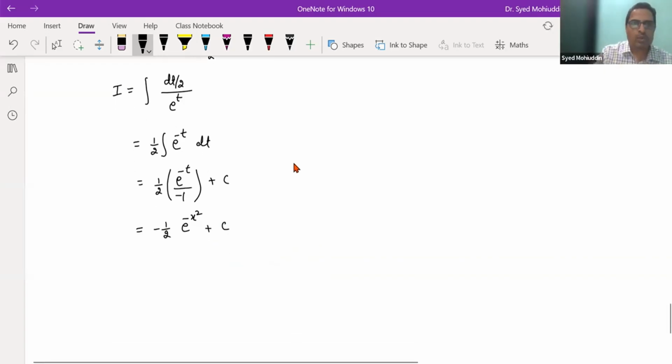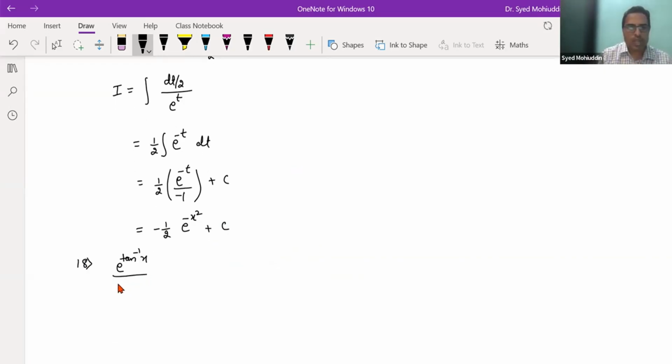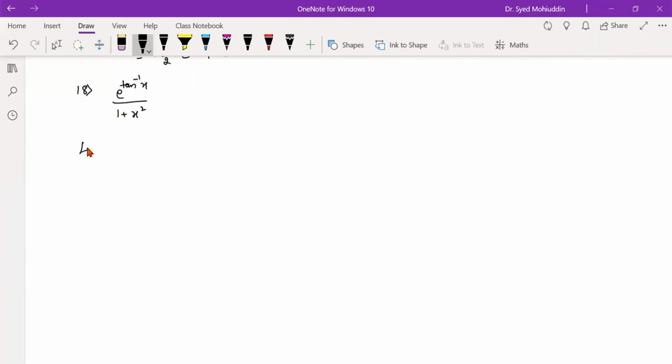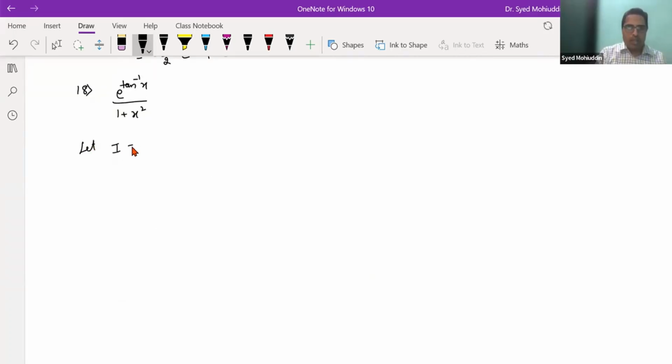We'll just move on to the next one. E power of tan inverse of x by 1 plus x square. So the e power value which is there has to be taken as your t, tan inverse. So let us take the integral I to be equals to the integral of e power of tan inverse of x divided by 1 plus x square into dx. So therefore, we'll try to put tan inverse of x to be equals to t.